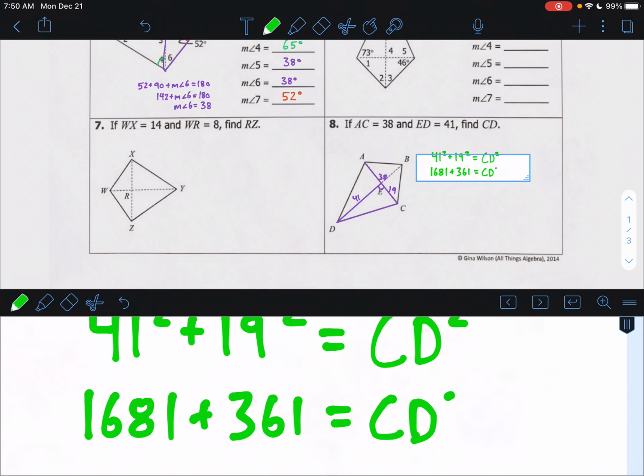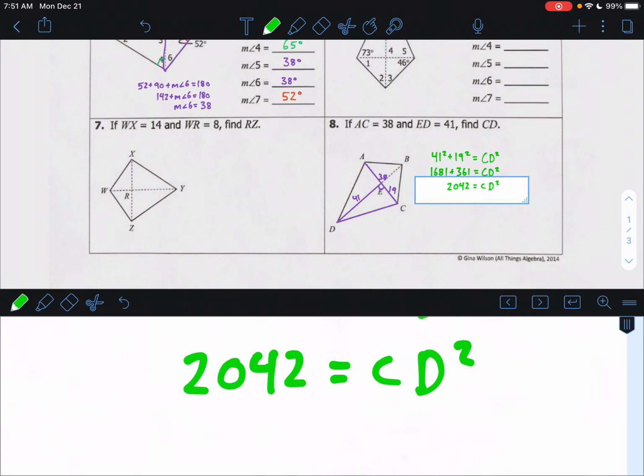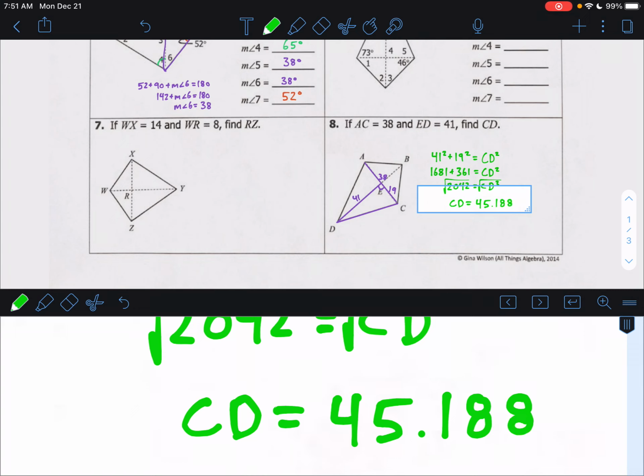And then equals CD squared. So that would be 2,042 equals CD squared. If I want to get CD, just take the square root of both sides. And I get CD equals 45.188.